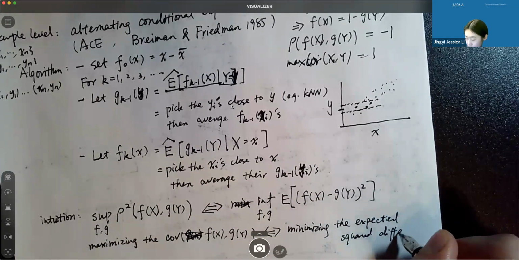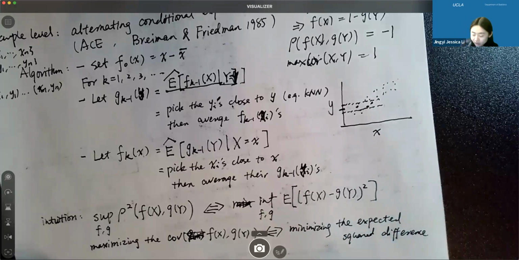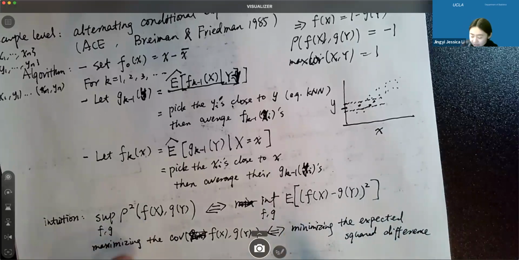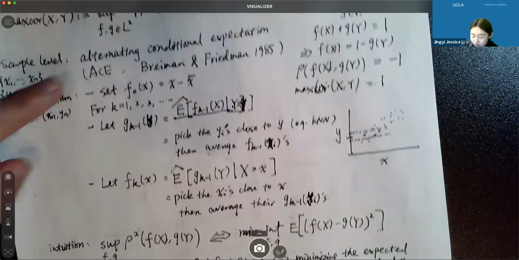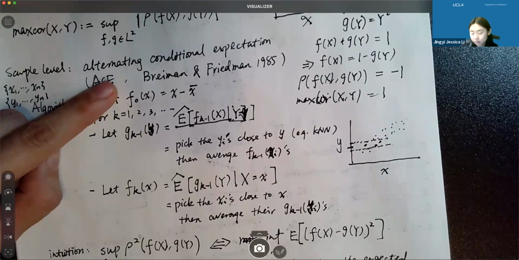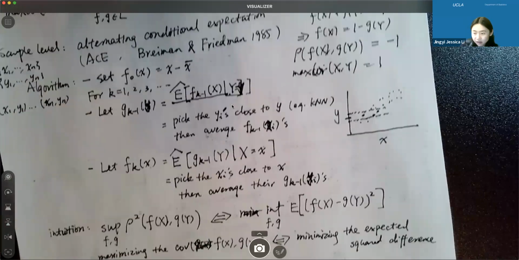That's the intuition. With this fact holding, they can show that to minimize this expected squared difference, you could use this alternating conditional expectation algorithm. So that's the whole idea behind it.